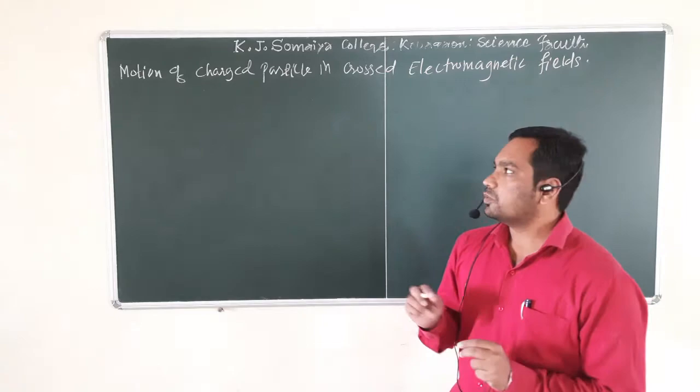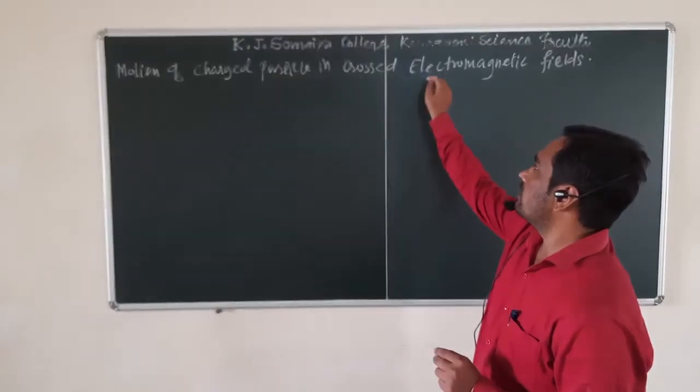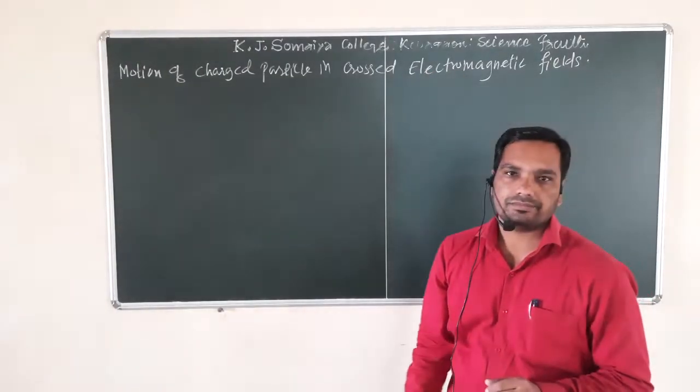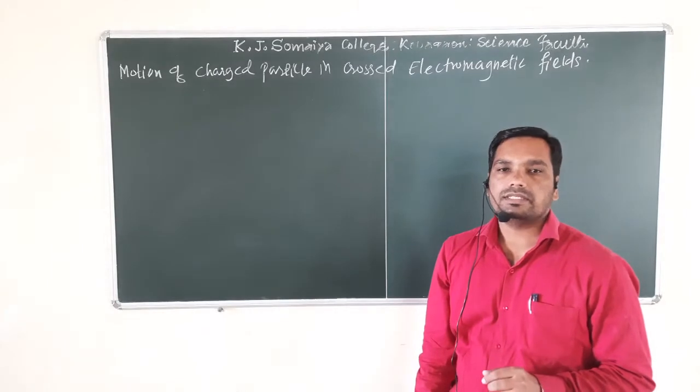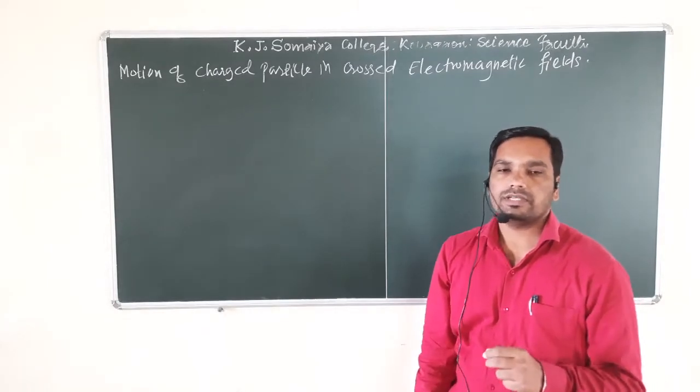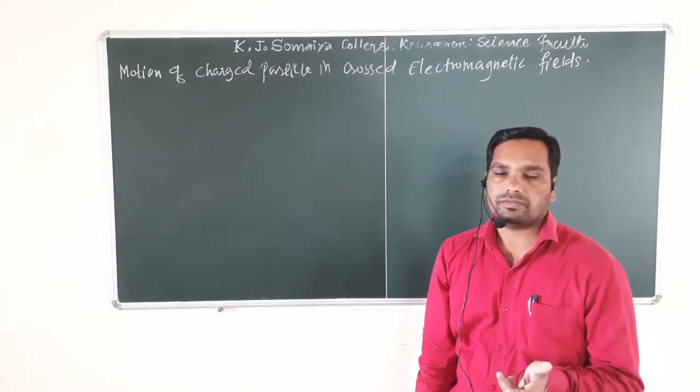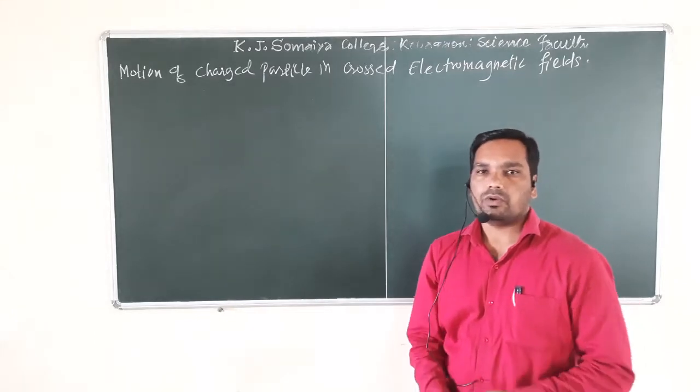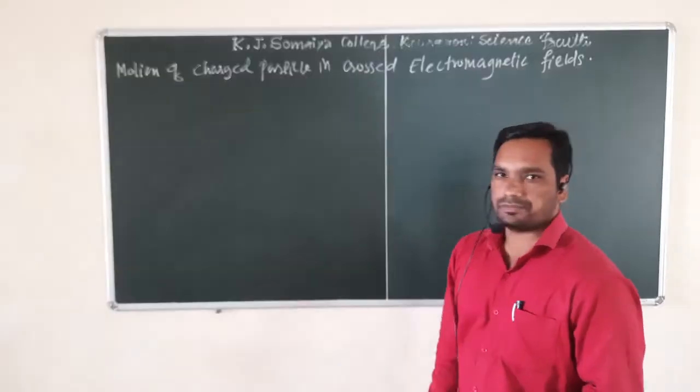Suppose a charged particle enters a crossed electromagnetic field. What is the motion, what is the trajectory of that charged particle? That we are going to study in this lecture.